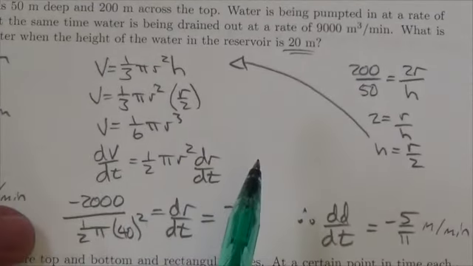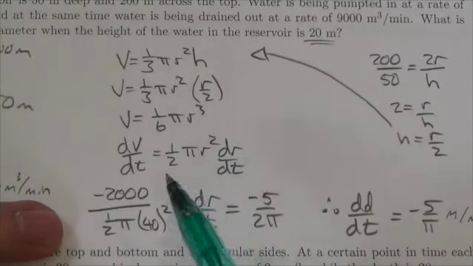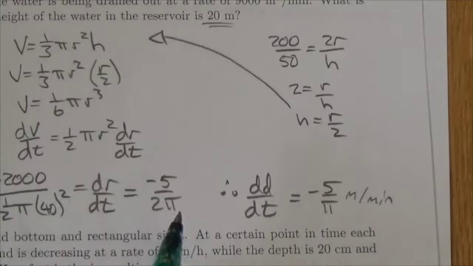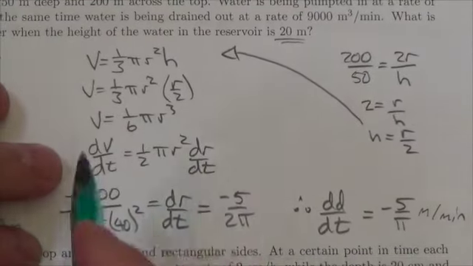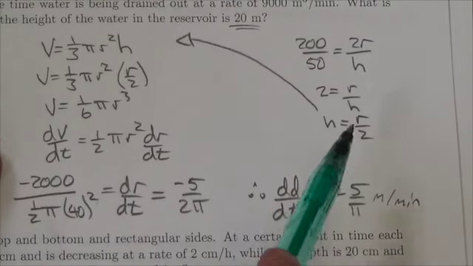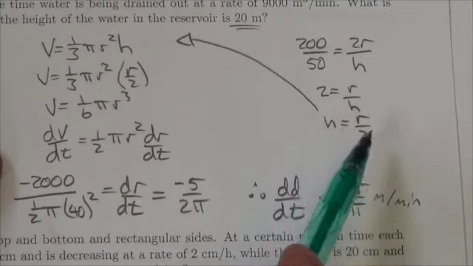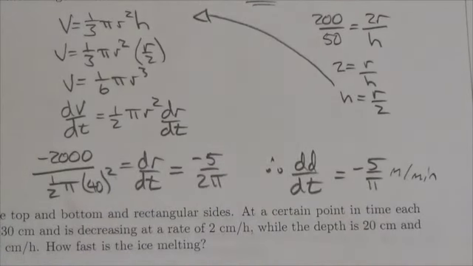I do not plug in the specific value for height until after the derivative, because height changes with respect to time. I want to take the derivative first to see how it changes in time. Then I plug in the specific value. I plugged in the 20, got that r was equal to 40, simplified for dr/dt, and then converted that to dd/dt.